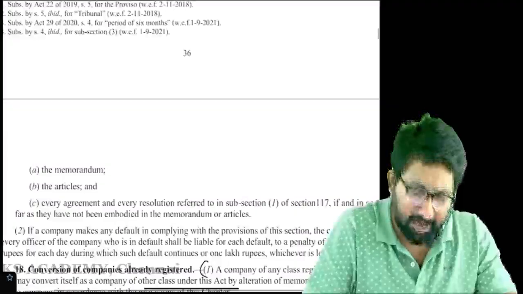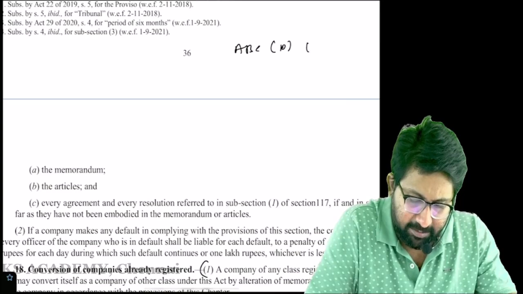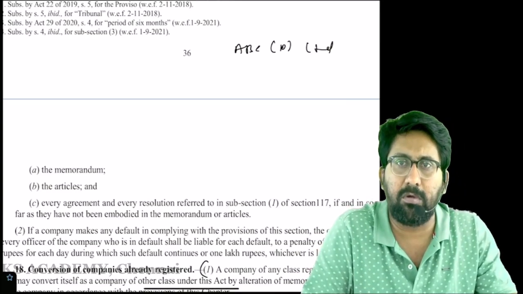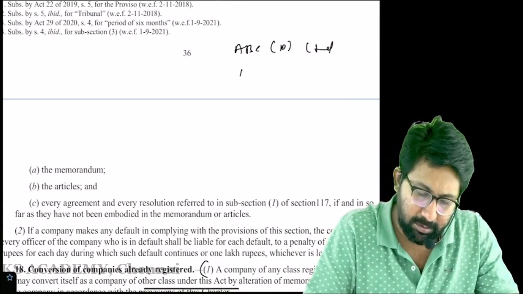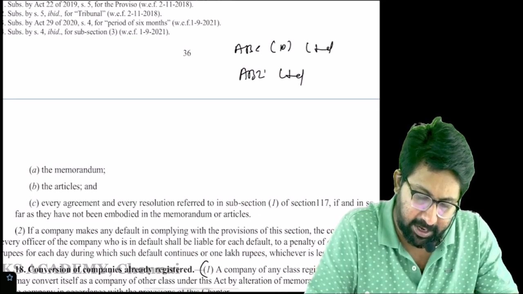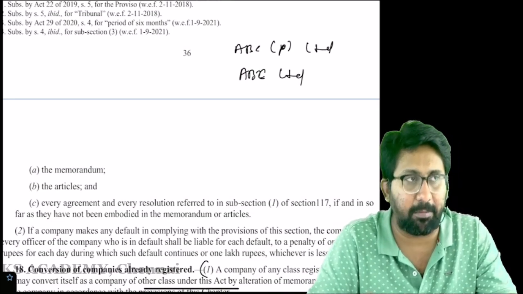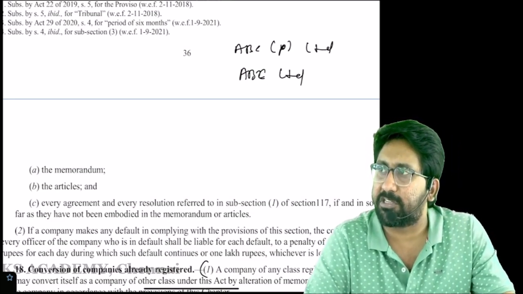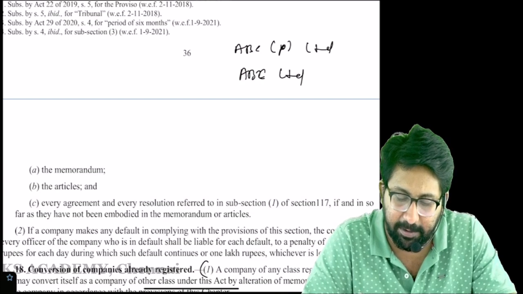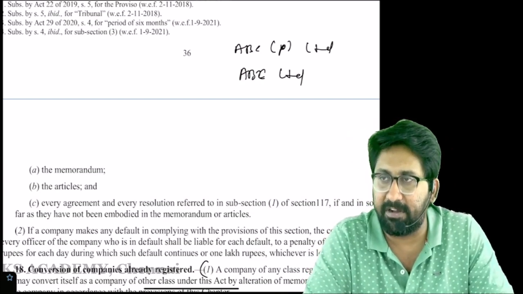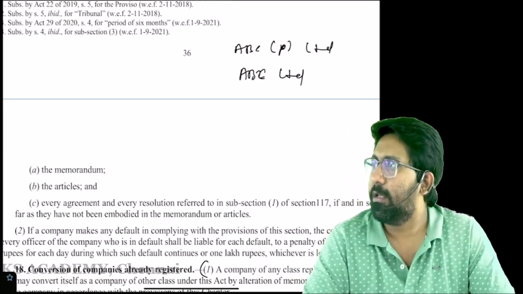See here. Originally my company name is ABC Private Limited. Now it was converted into ABC Limited. After conversion it was changed to ABC Limited. ABC Private Limited became ABC Limited.